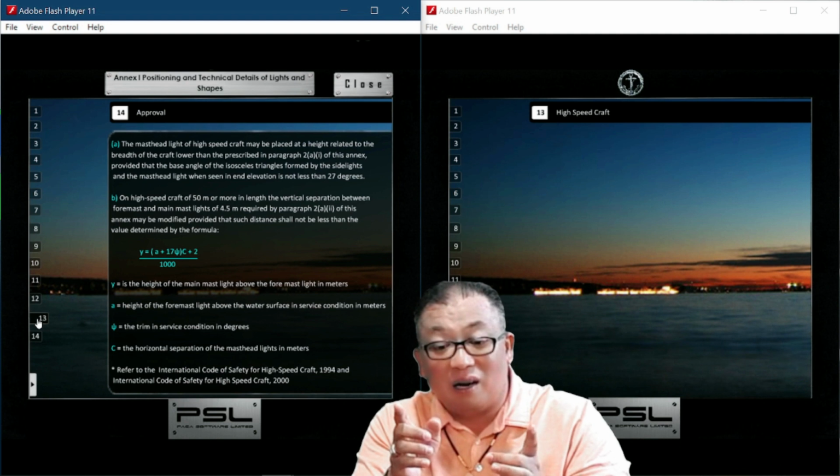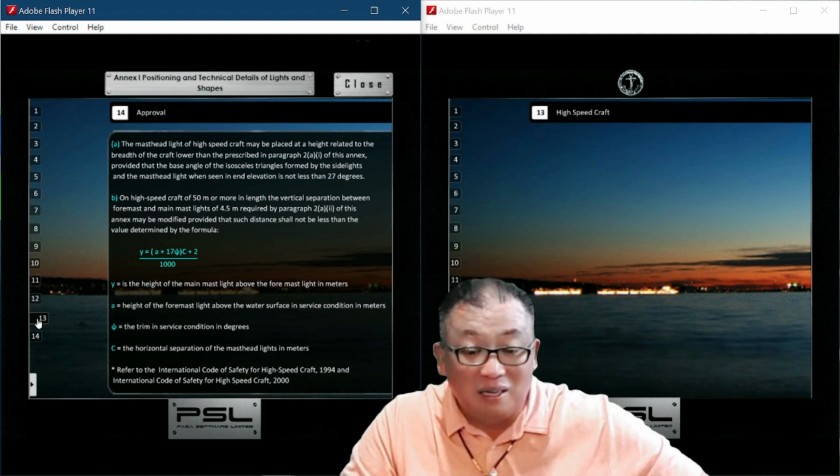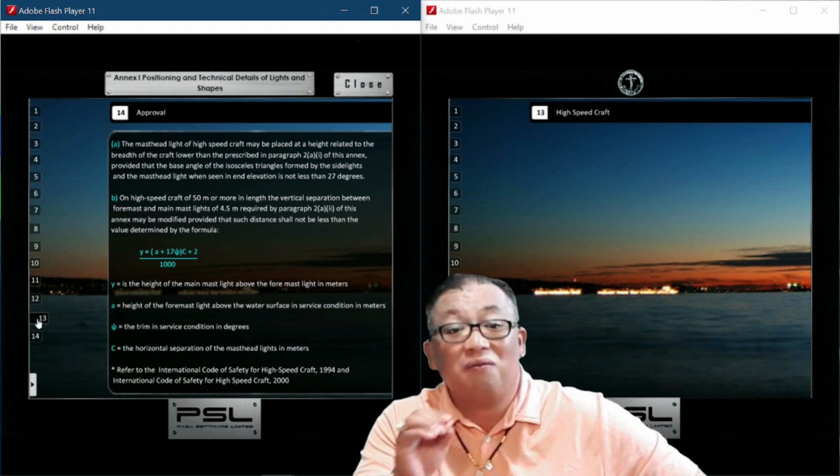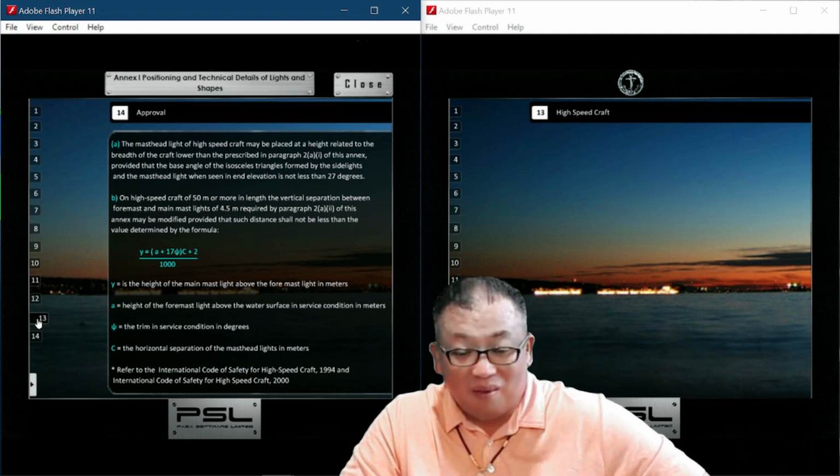But in a high-speed craft, they have a different calculation. I will not delve into this formula because this is more on high-speed craft.